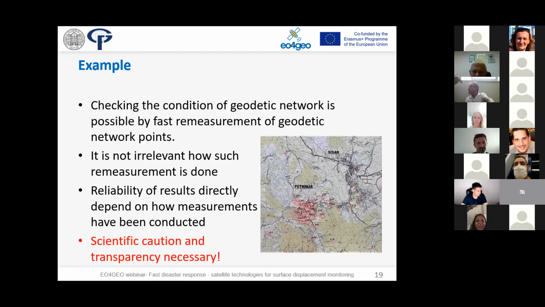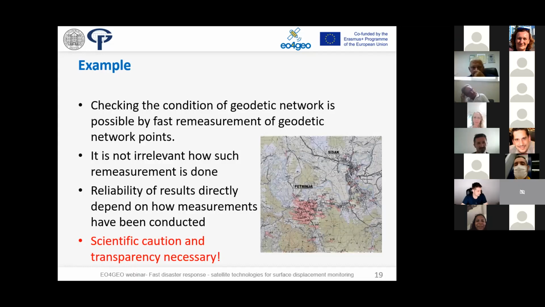interpretations or such results, because first it is very important how the survey and then the computation has been done. This was only one session according to my knowledge, so each point was occupied once, so there is no control over the occupation and all the errors which can appear during the measurements.